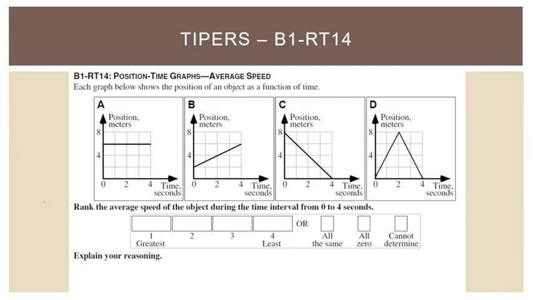Okay, so obviously here, since this thing has a displacement of 0, its average speed is 0 meters per second. This one is a little tricky, as we said, because it experiences this positive displacement for the first 2 seconds and then the negative displacement for the second 2 seconds.